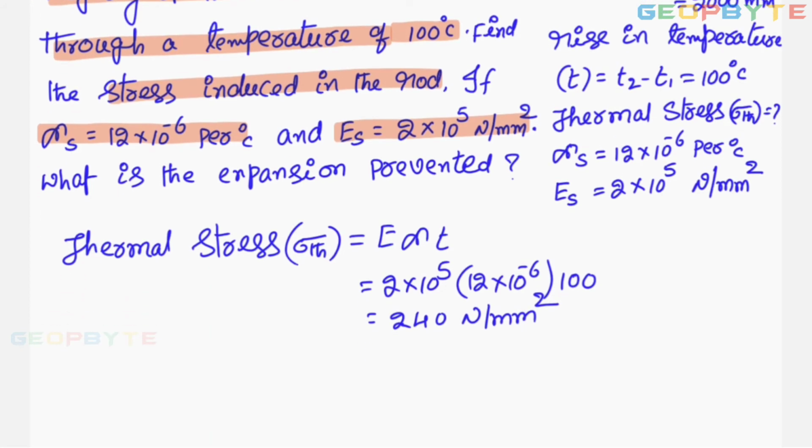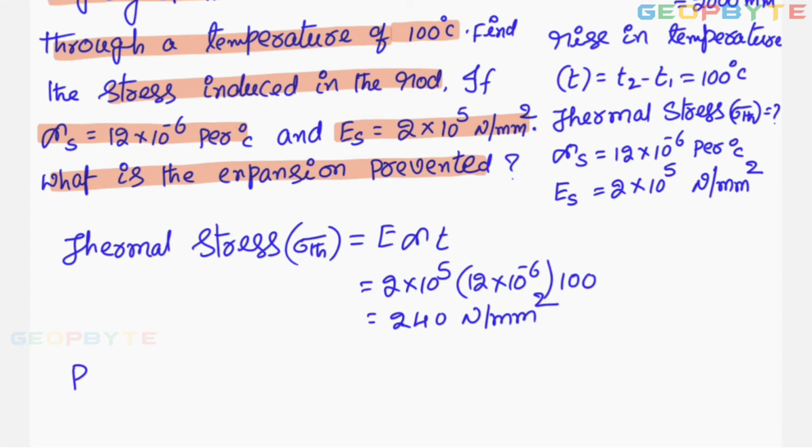Similarly, you are also asked to find the extension prevented. Extension prevented means change in length due to change in temperature.